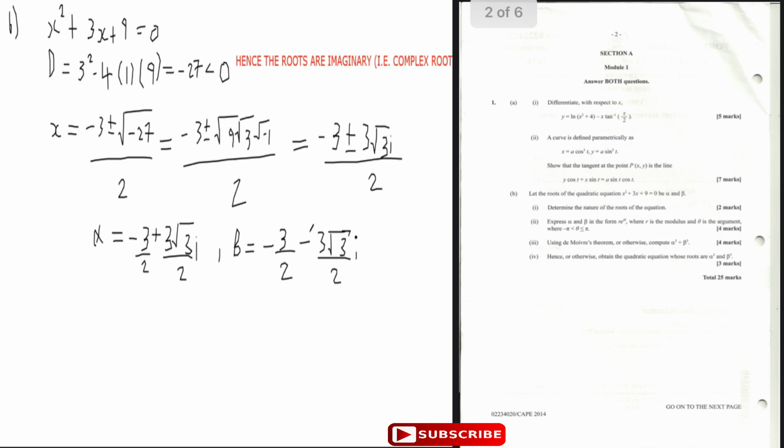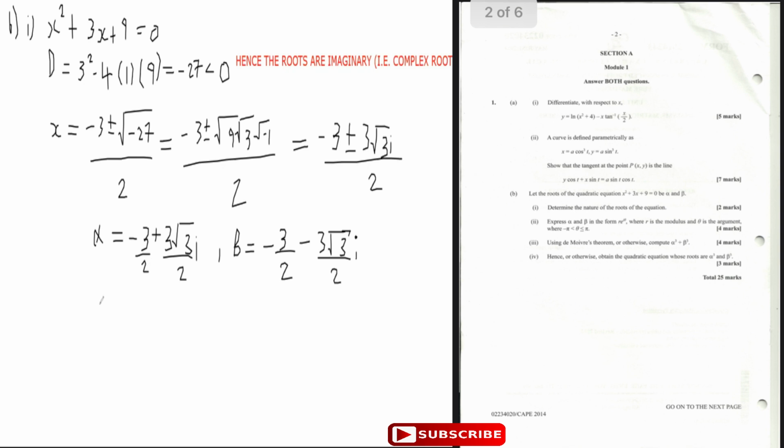Now, of course, the question is nowhere near complete. It says we need to express it in the r-cis form. So this is the answer in standard form, but we need to express it in r-cis form. So we need to find r.